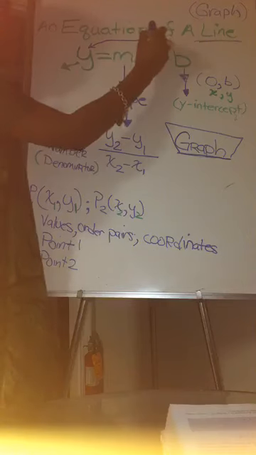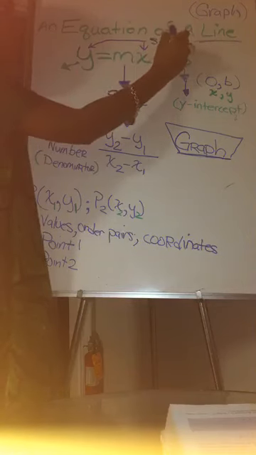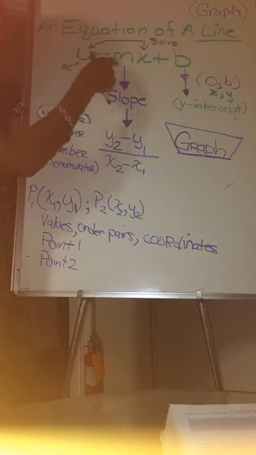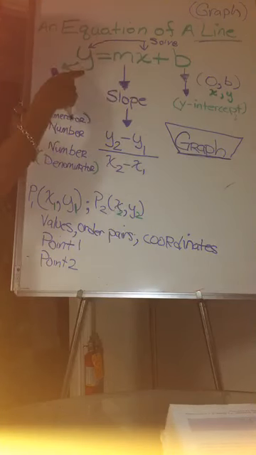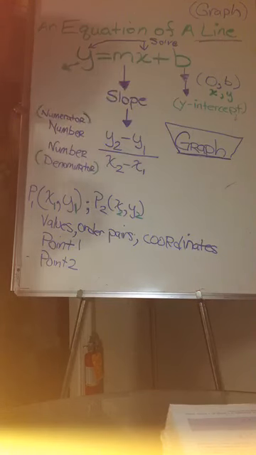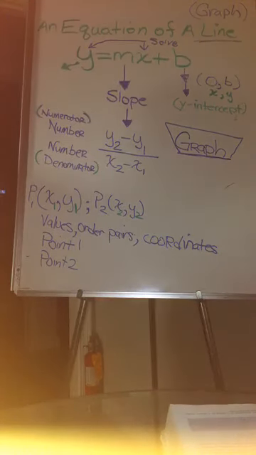So that is the goal that we're going to get to hopefully tomorrow: how to solve for x and how to solve for y if we're given a slope and an intercept, or we're given the y, the slope, and no y-intercept. Okay? All right.